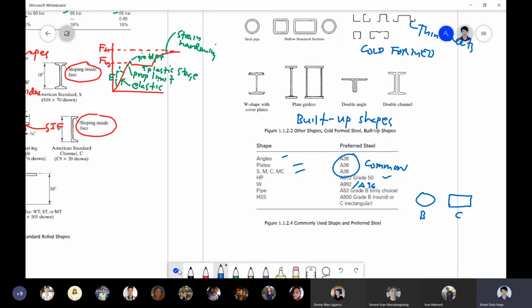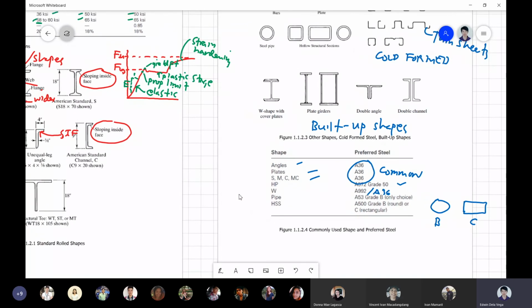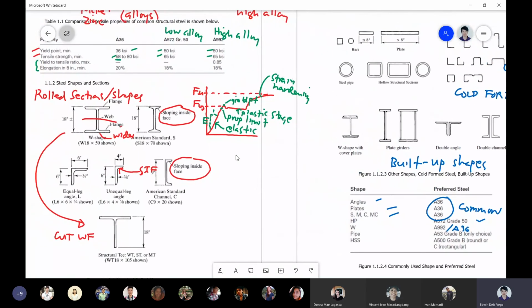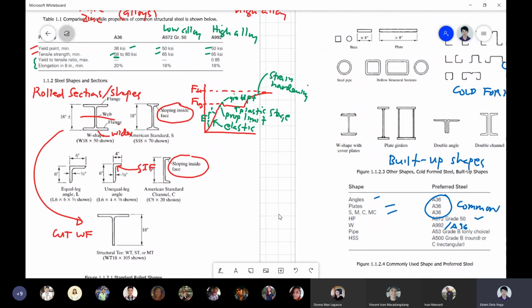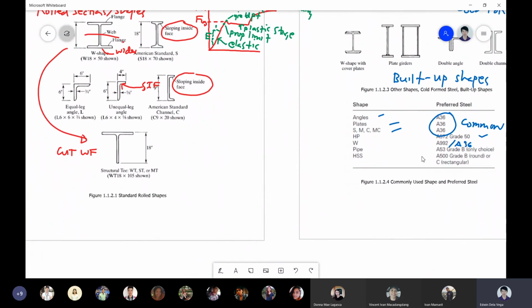So when you get your actual yield stress, which are not included here in this table, you just refer to your book by Salmon and Johnson to get the actual FY and FU.